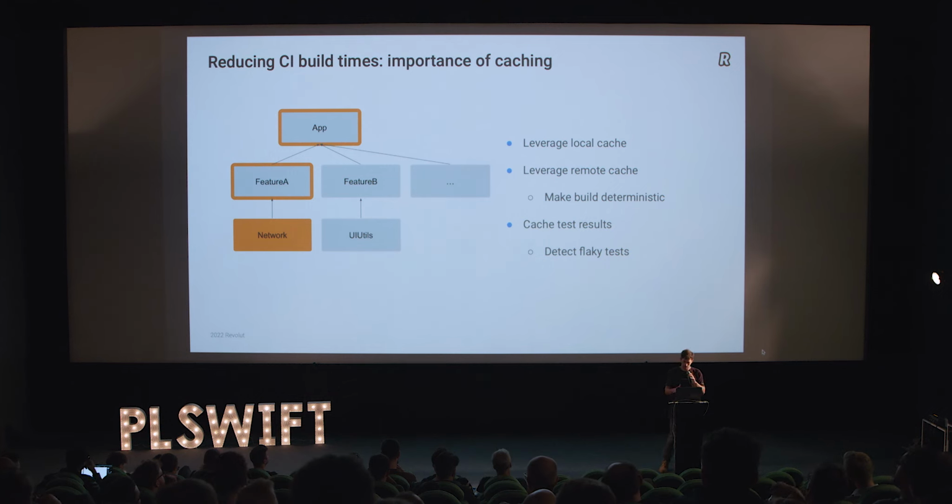And then the third step is what I've said, you have to cache test results. So there is no point on testing feature B in the example you see on the screen. And you may think, okay, but if I'm caching test results, maybe I have a flaky test, and then I cache it, and then it's green all the time. It's still going to be flaky, but because I'm not running it, it's going to keep being green, right?